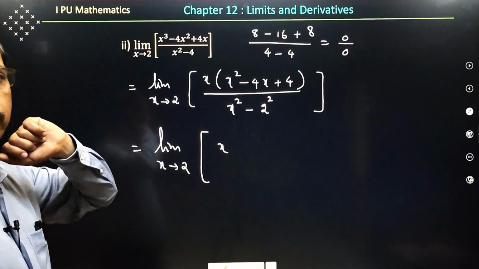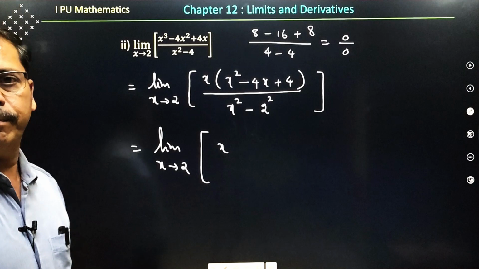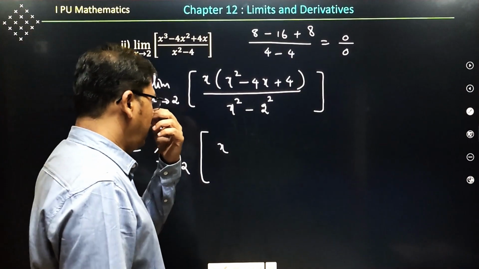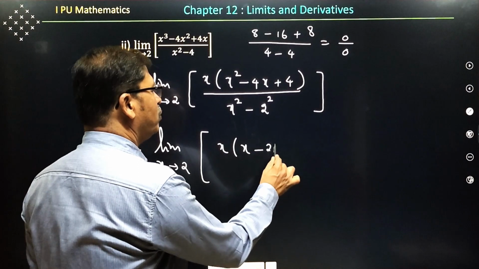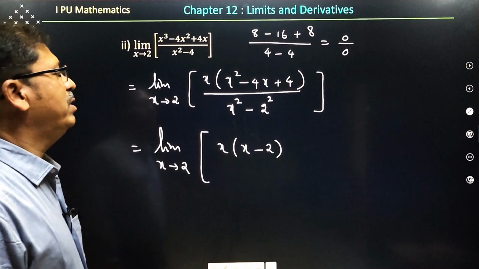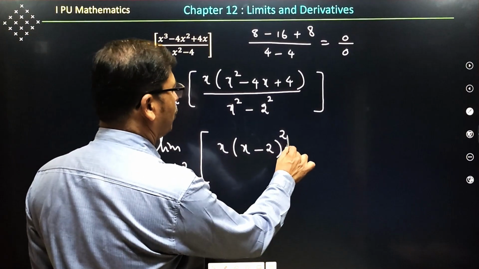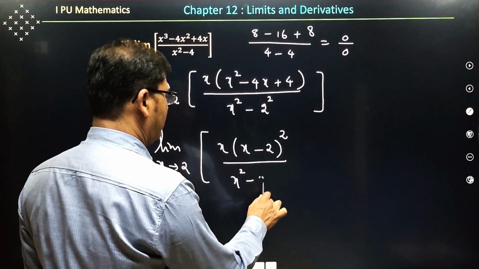It can be expressed as a perfect square. It is in the form a square minus 2ab plus b square. Can you tell me how you write it? x minus 2 to the power 2, divided by x square minus 2 square here.